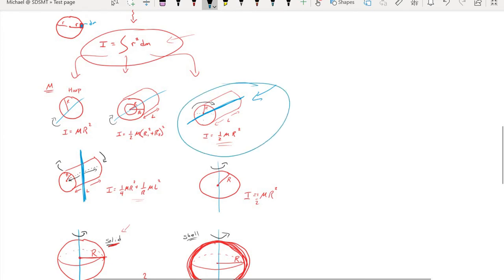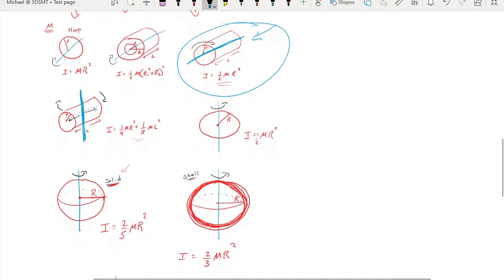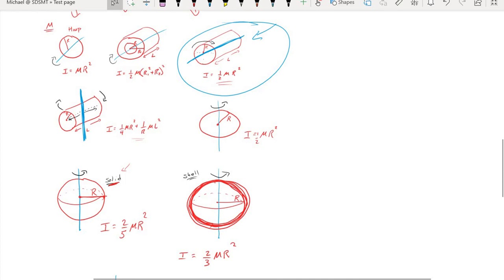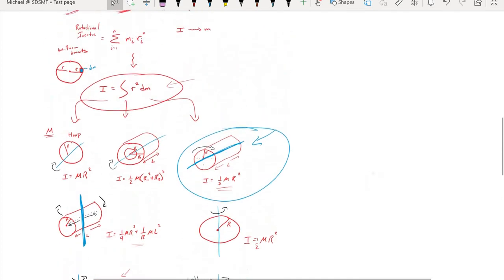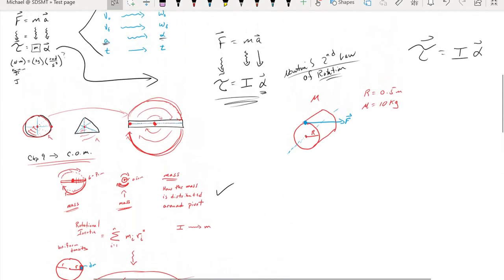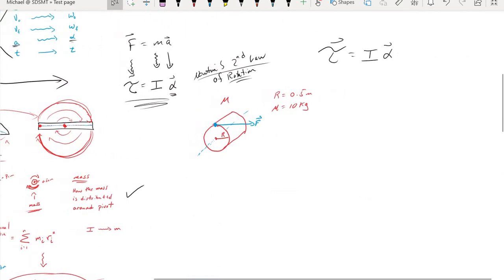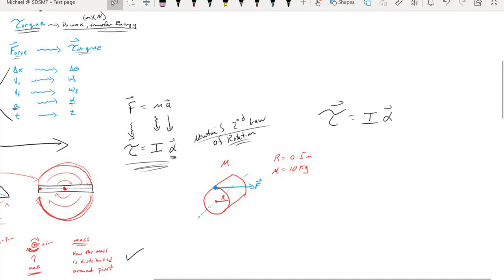If you ever run into another shape that is not on this list, I can pretty much guarantee you anything in the homework or a test will be on this collection right here. But if you do end up with some other shape, you can probably find it online or in a book of inertia values somewhere.